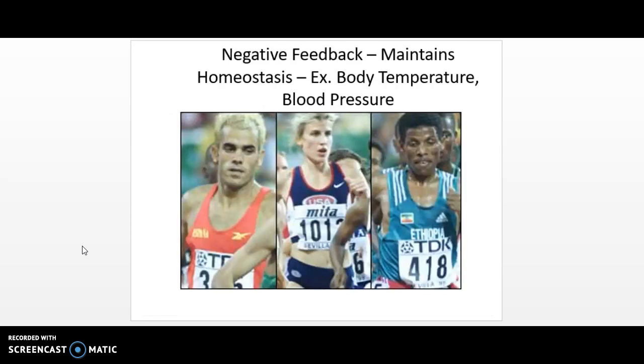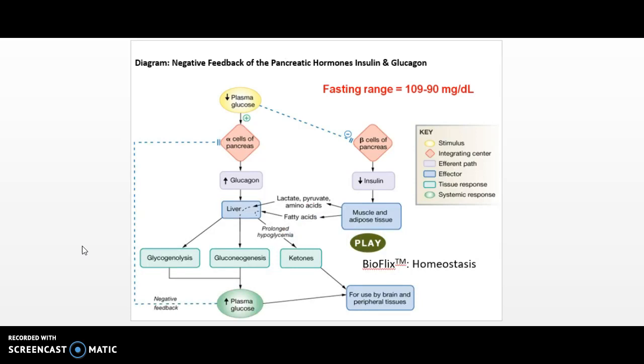Negative feedback examples: body temperature, blood pressure, breathing, pH balance, insulin and glucagon. Take a look at this diagram here. It tells you how insulin and glucagon are regulated after you eat a meal or have been starving.